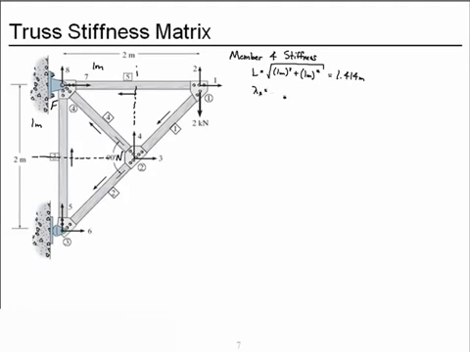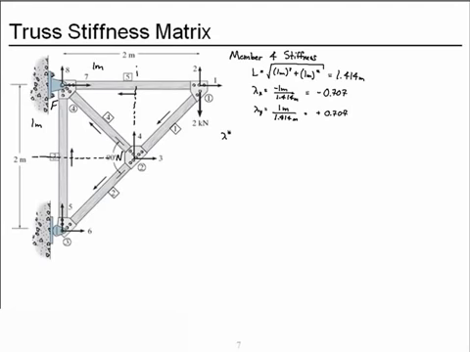Directional cosine in the x direction. Its change in x coordinate is negative over the 1.414 meters, so we have a negative 0.707. Directional cosine in the y coordinate changes in the positive direction, so it is a positive 0.707.